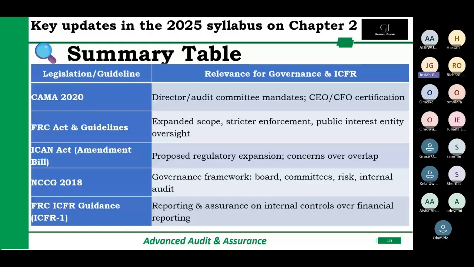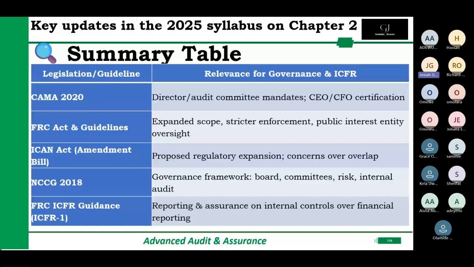The ICAN Act and Amendment Bill proposed regulatory expansion and raised concerns for overlaps. In the Nigerian Code of Corporate Governance 2018, the governance framework, board, risk, audit, and the stressing of internal audits, and these committees are what was enshrined and stressed.